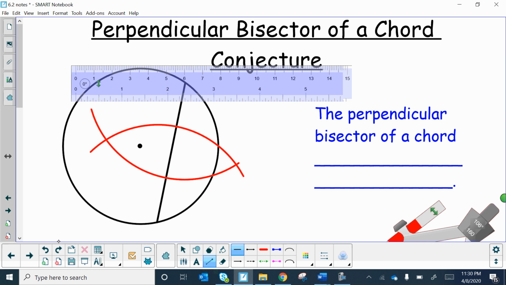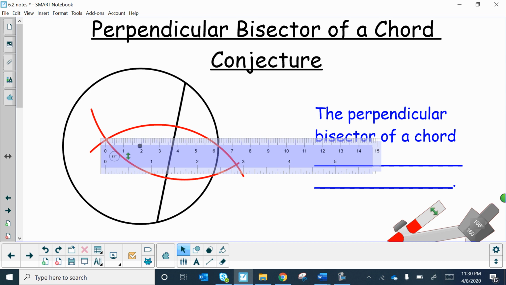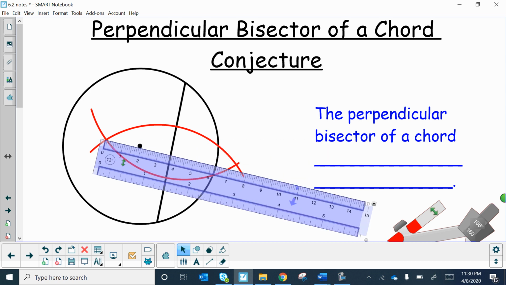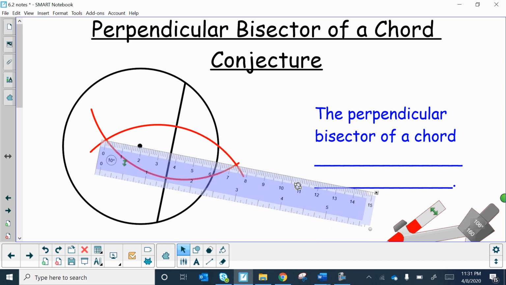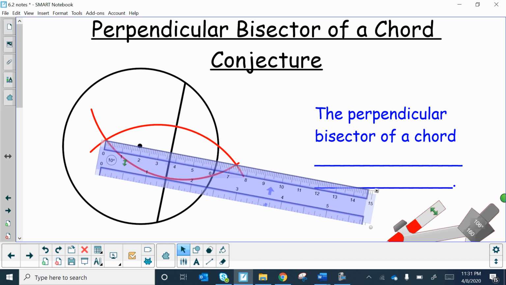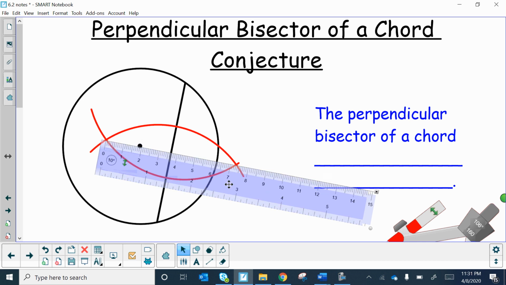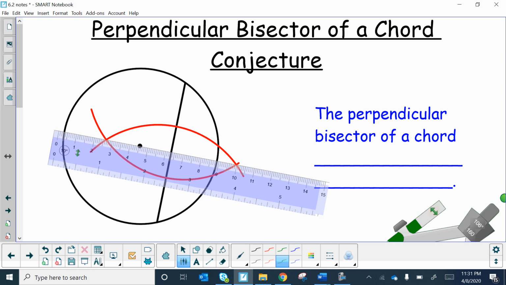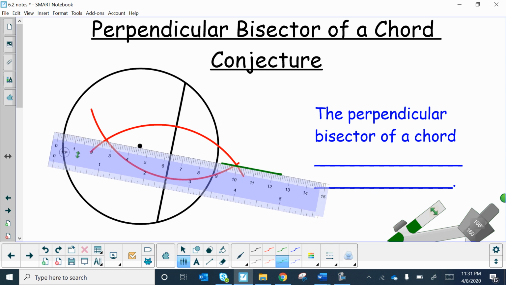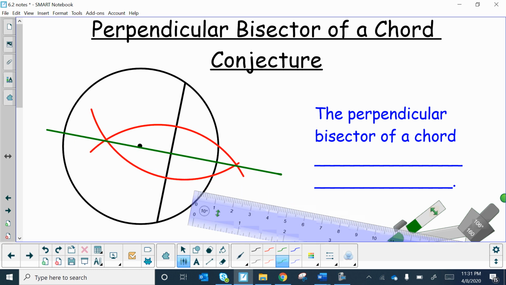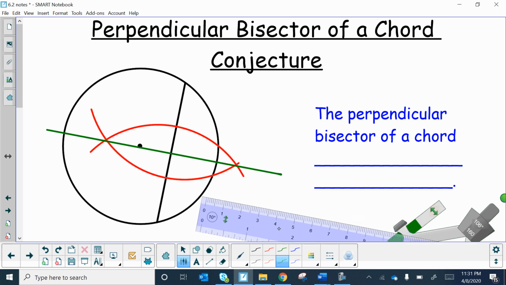I'm going to get my ruler out. You'll notice that when you connect those two intersection points, it goes right through the center.